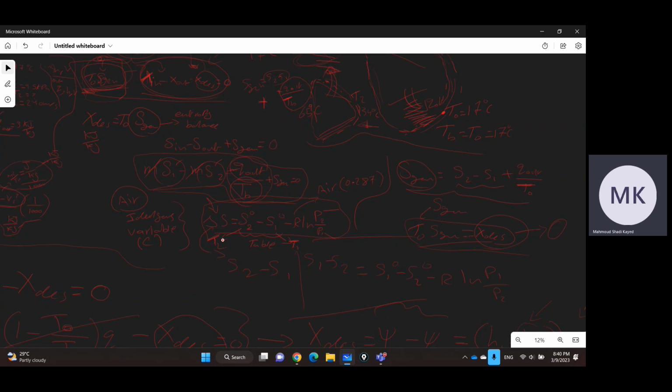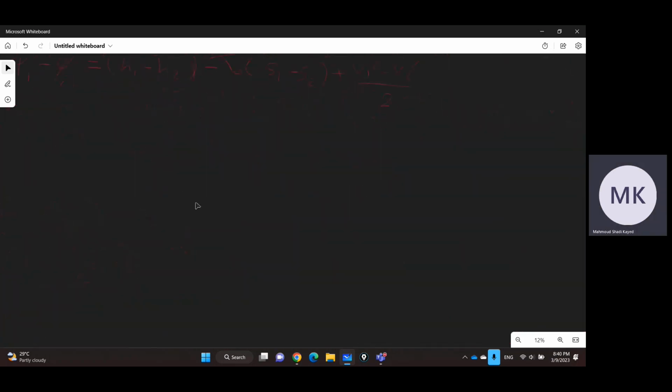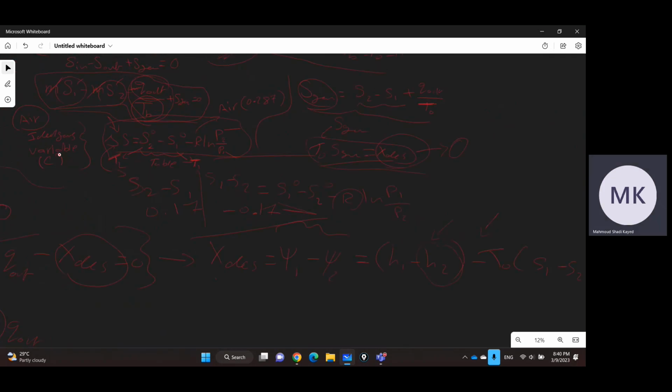So you just flip this and flip this. So if it's S1 minus S2, it will be ln P1 over P2. The R is the same. Here also you change. So if you got S2 minus S1 from this equation, you just flip the sign of it. For example, if it was 0.17, then S1 minus S2 will be minus 0.17, just so you don't calculate it again. And of course, this formula is for ideal gas air at variable specific heat only.